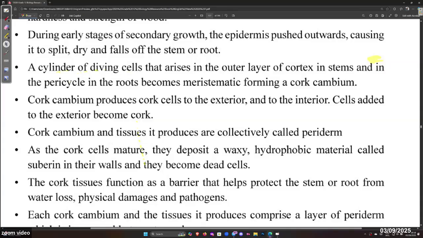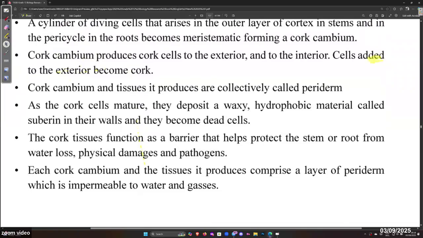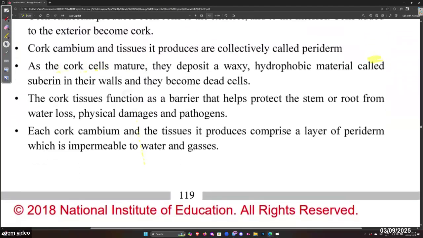Cork cambium produces cork cells to the exterior, and to the interior. Cells added to the exterior become the cork. That's simple. Cork cambium and the tissues it produces are collectively called the periderm.